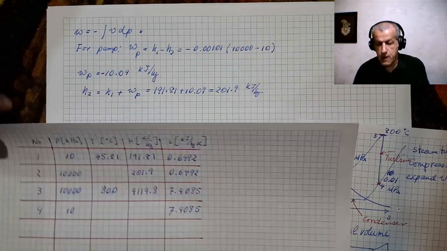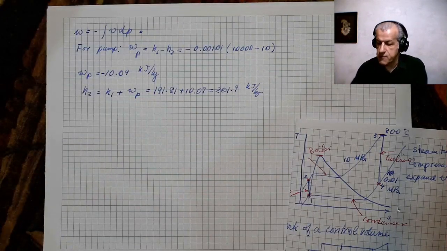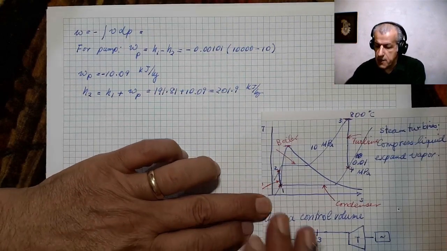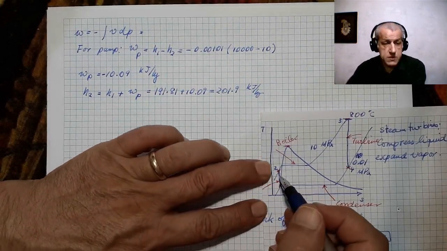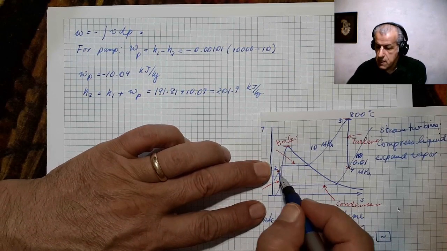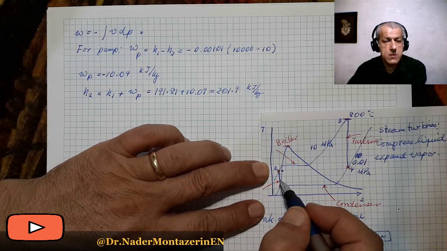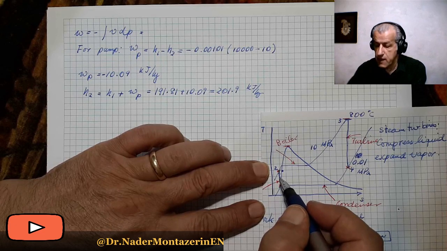Let's write it here, 201.9. Now, once we have the enthalpy for point 2, the best way to find other properties, which is basically its temperature, is to see which saturation temperature this enthalpy corresponds to as a saturation enthalpy.